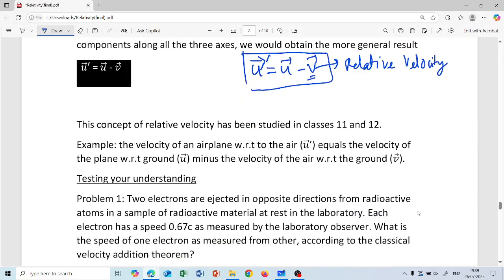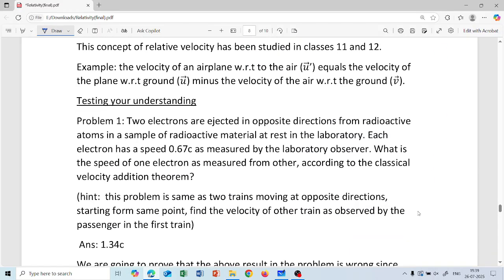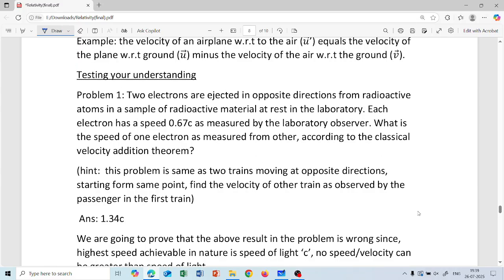So now let us take an example. Consider two electrons ejected in opposite directions from some radioactive atoms in a sample of radioactive material at rest in the laboratory.